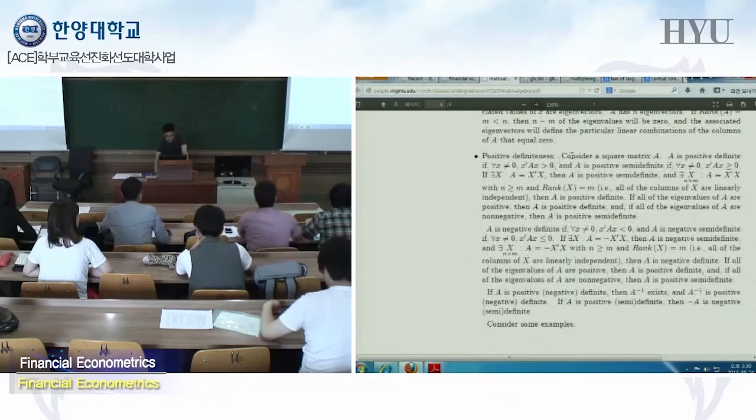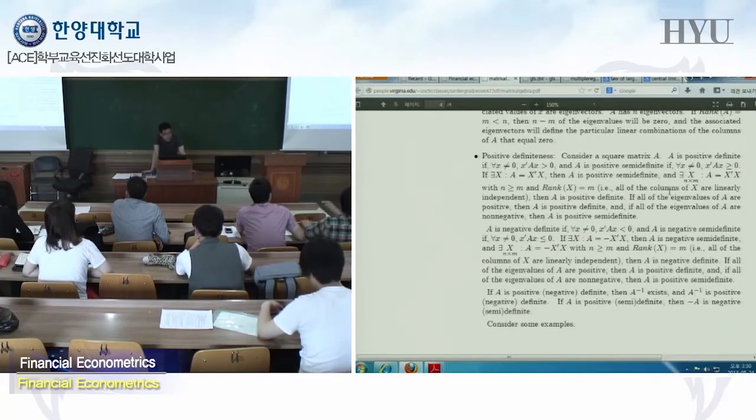Positive definiteness means: consider a square matrix A. A is positive definite if for all X not equal to 0, X prime AX is positive, and A is positive semi-definite if for all X, X prime AX is greater than or equal to 0.